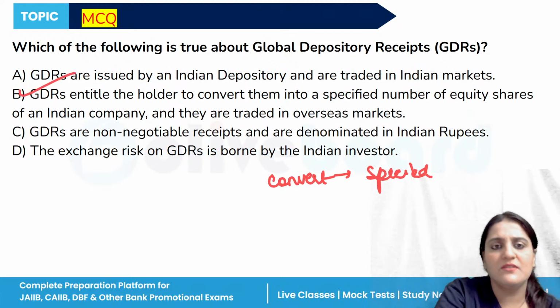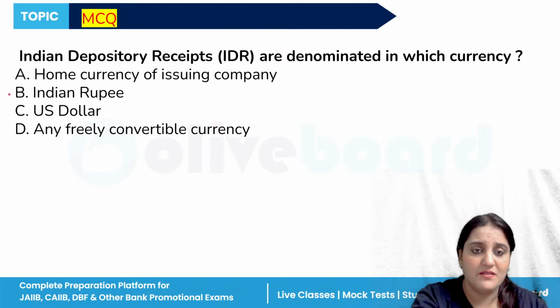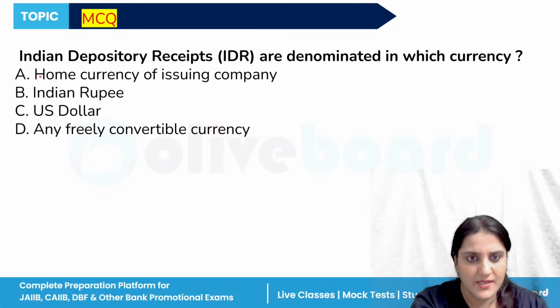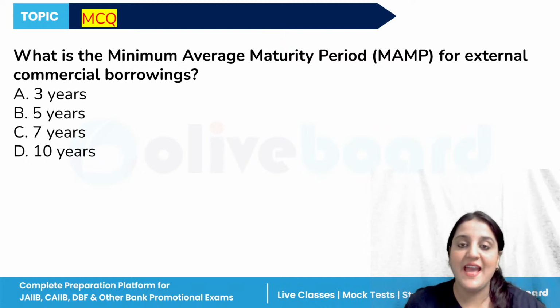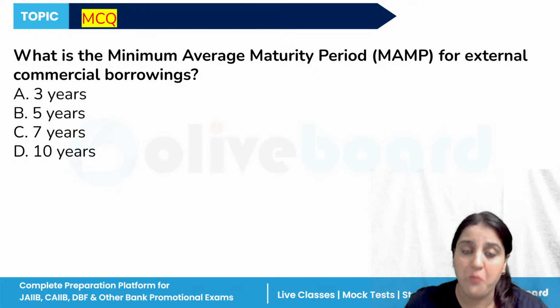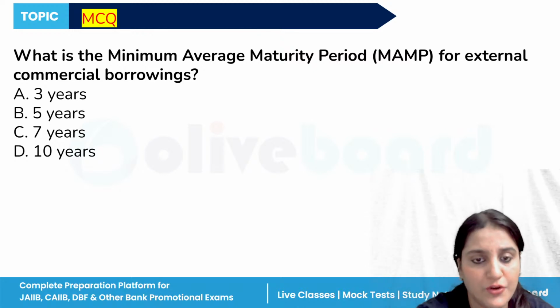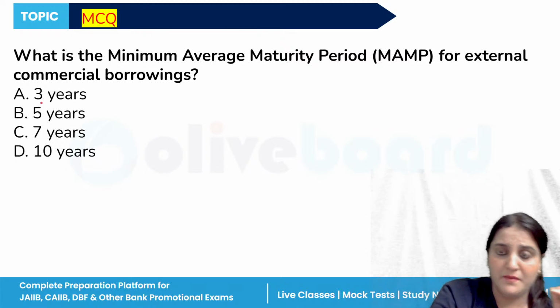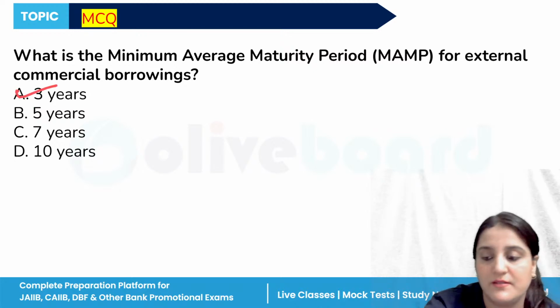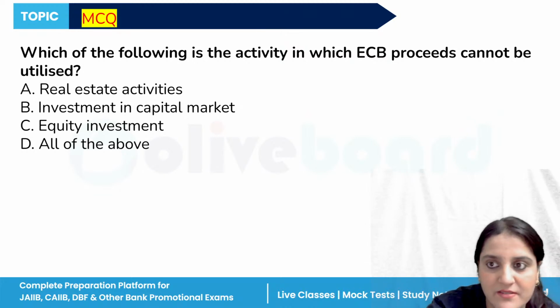So option B is correct. IDRs are denominated in the Indian rupee or any freely convertible currency. What is the minimum average maturity period for external commercial borrowings? External commercial borrowings are commercial loans for eligible borrowers, and the minimum average maturity period is 3 years. Which of the following is the activity in which ECB proceeds cannot be utilized?